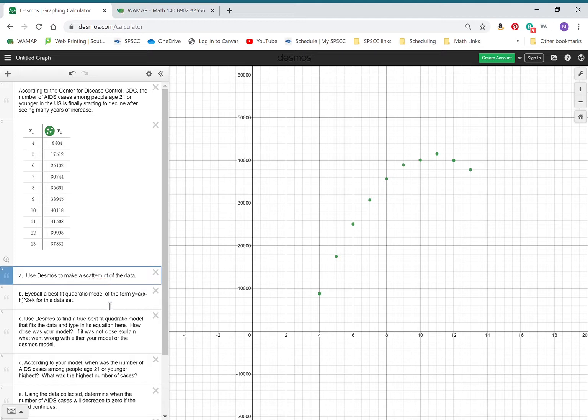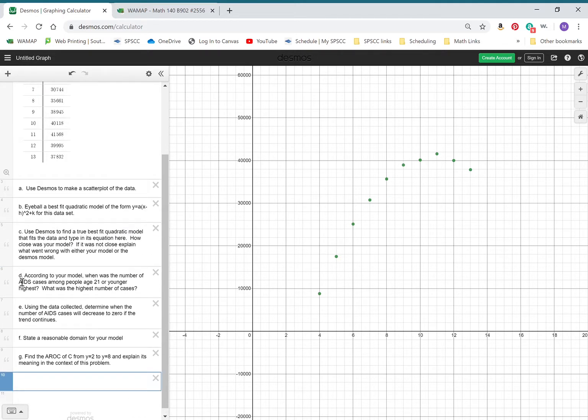We're done with that. The next part of this, and sorry, the math formatting doesn't come through, but basically the next part is to try and use Desmos to eyeball a best fit quadratic model in vertex form. So let me move this in here.